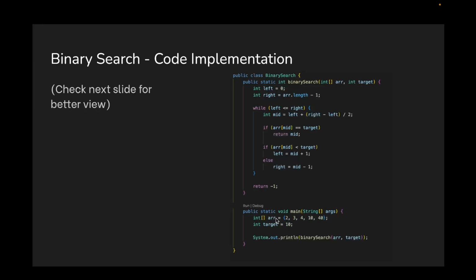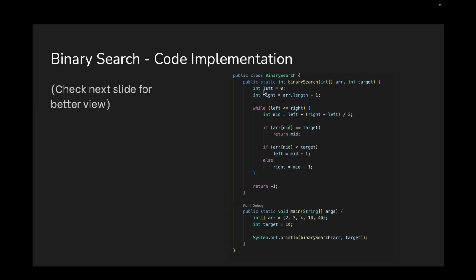And then our target is 10, so that's the value that we're trying to find. That's not the index, remember, this is the actual value that we want from the array. And we're trying to find the index of that. So we're going to do this binary search. We're going to call the method with this array argument and then this target argument. So these parameters are initialized for these values right here.